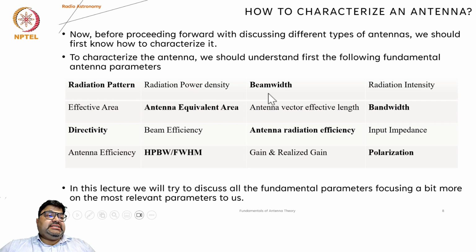Radiation power density, beam width, radiation intensity, effective area, antenna equivalent area, antenna vector effective length, bandwidth, directivity, beam efficiency, antenna radiation efficiency, input impedance, antenna efficiency, HPBW or FWHM, sorry, are basically half power beam width or full width half maxima, gain and realized gain, and polarization.